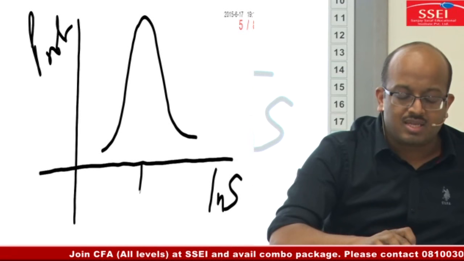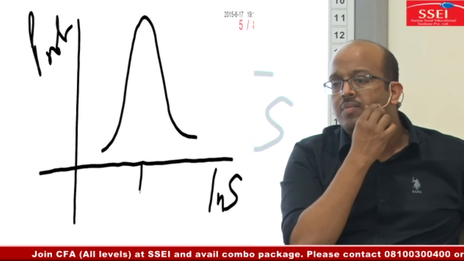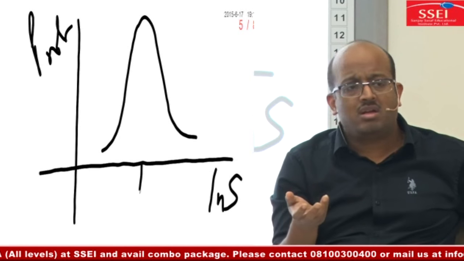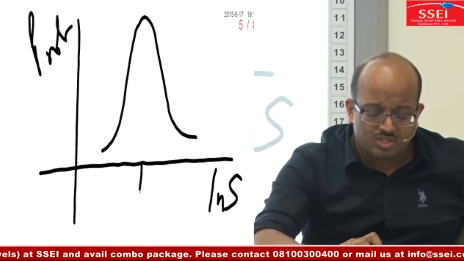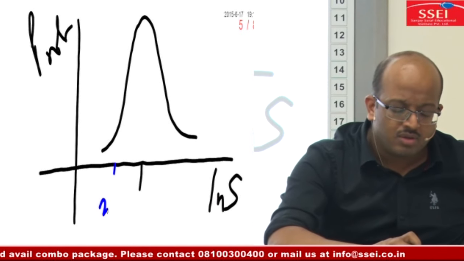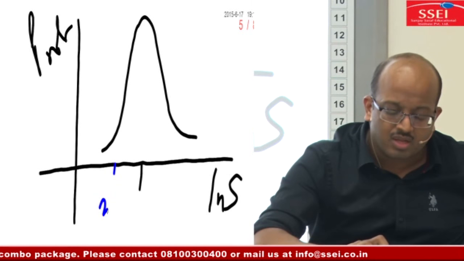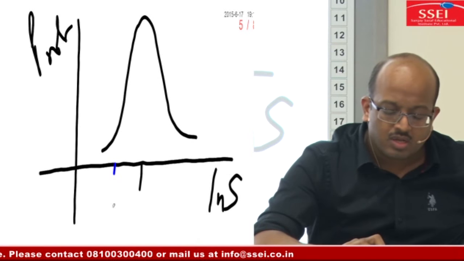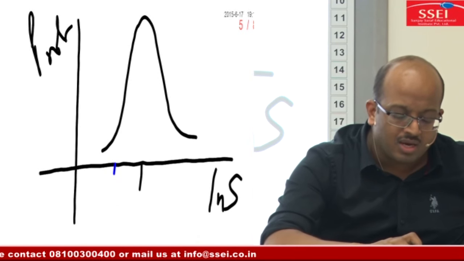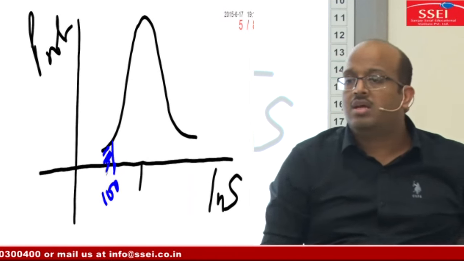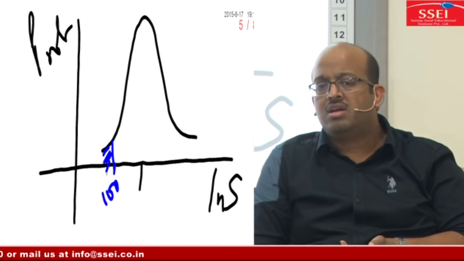So in the tails, area is obviously low, no? In the tails, area is low as compared to the body. So the probability, suppose this is 100, that the stock price will go below 100 is this, no? It is less, obviously.